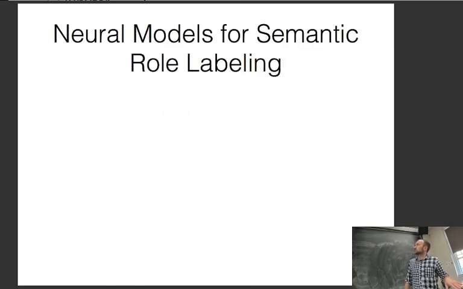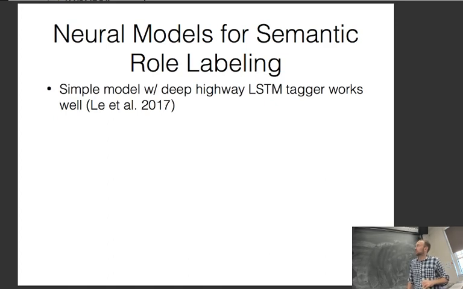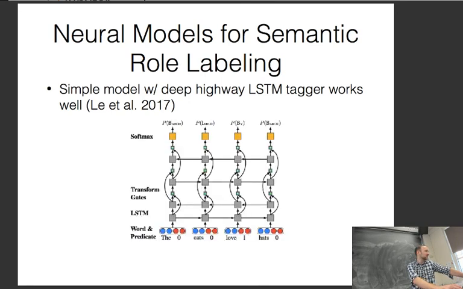So, neural models for semantic role labeling. There are a couple of models for this. One of the interesting things is that the model that currently works the best, I think, is basically just a deep LSTM model, where the input to the model is the predicate that you want to label.